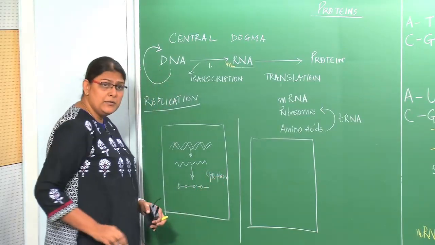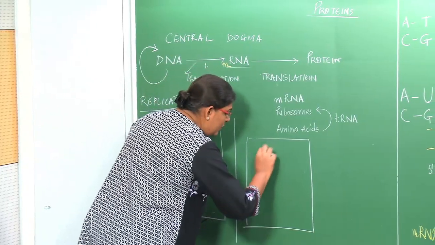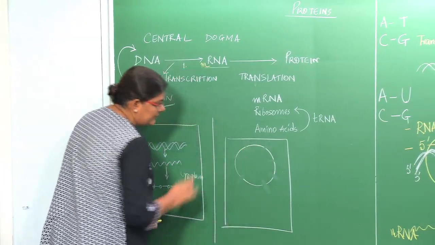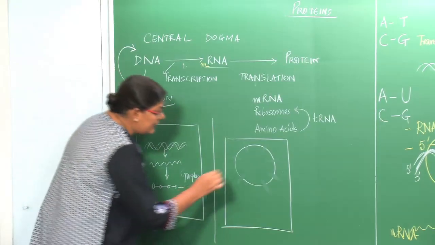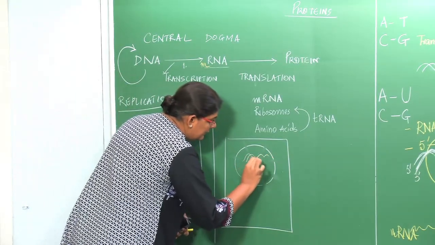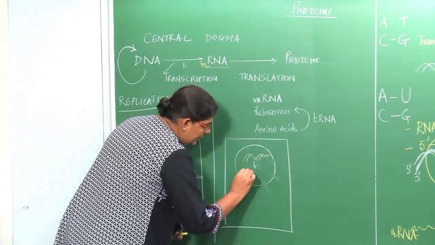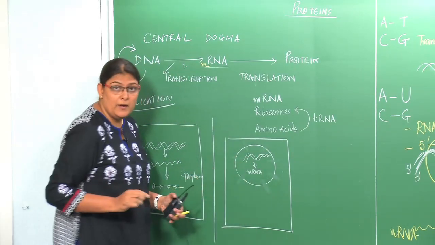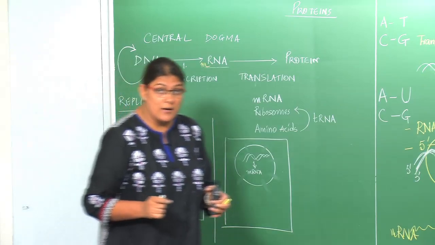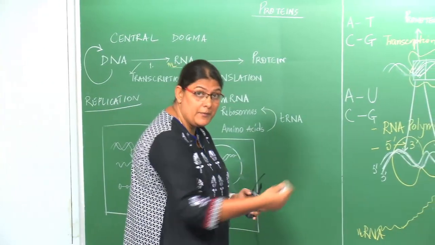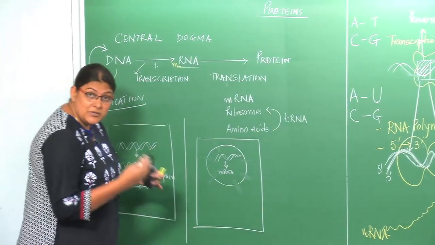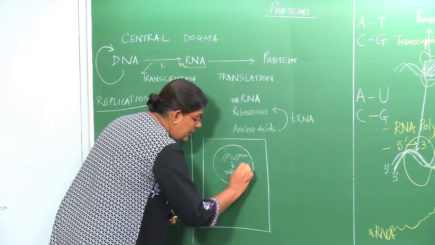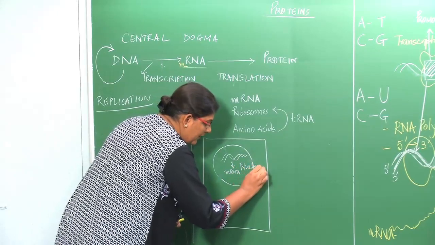But in case of eukaryotes, you have a nucleus, right, and it has these openings which you call the nuclear pore. The DNA is sitting in the nucleus. The process of transcription, formation of mRNA, processing of mRNA, 5 prime capping, 3 prime poly A tail, post transcriptional modifications, all that is happening in the nucleus.